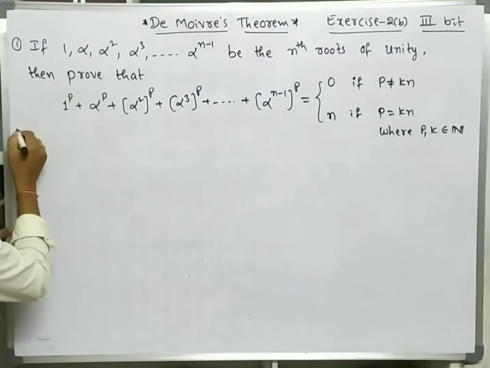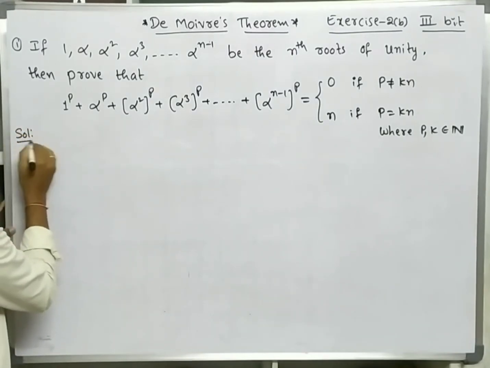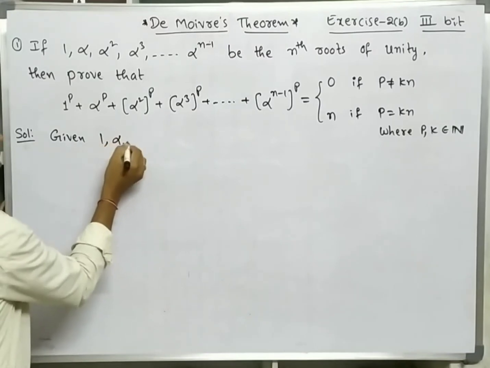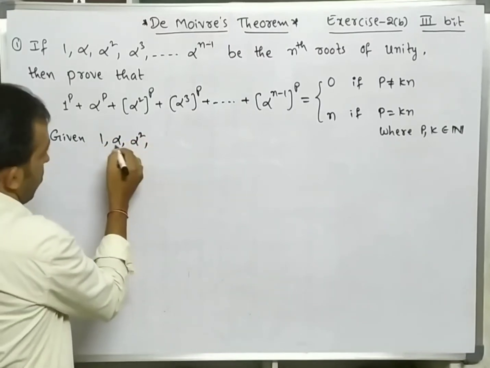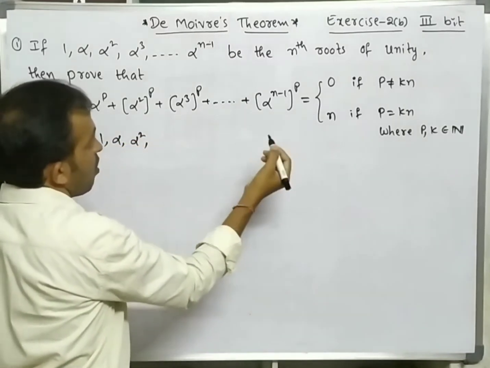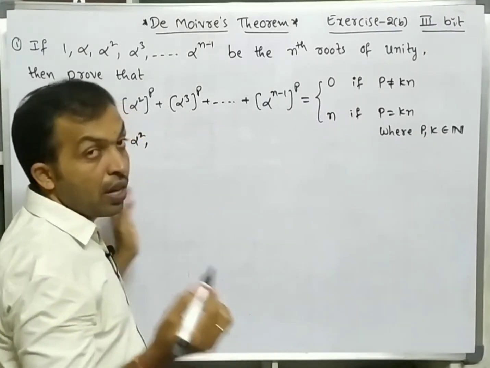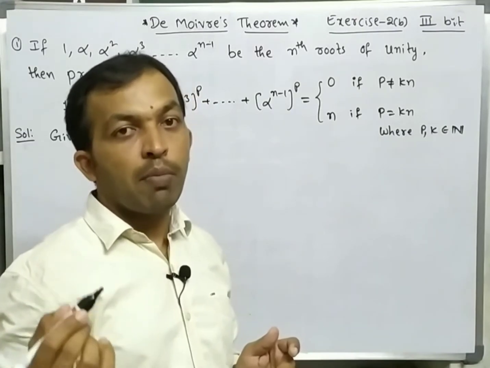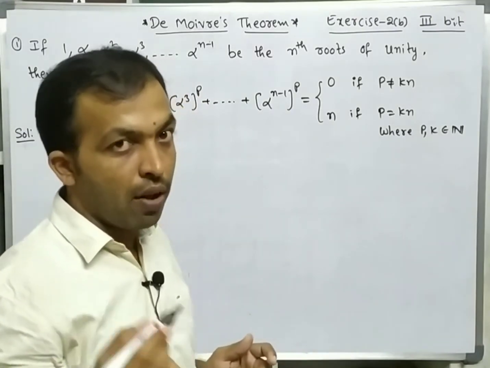So it is given that 1, omega, omega square, and so on, omega power n minus 1 are the nth roots of unity, where omega is equal to cos 2 pi by n plus i sin 2 pi by n. Already we have learned.